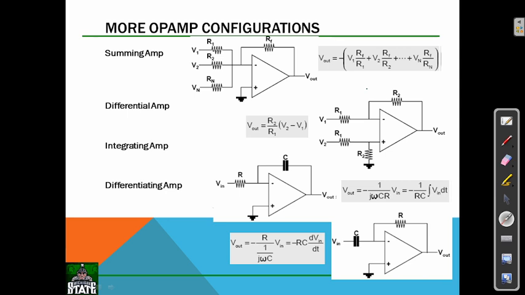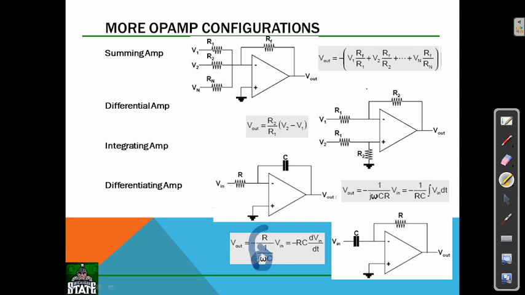The formula for this differentiating amplifier is minus R divided by 1 by j omega C times the input voltage. The j omega C term goes to the top, and j and omega are the imaginary part.